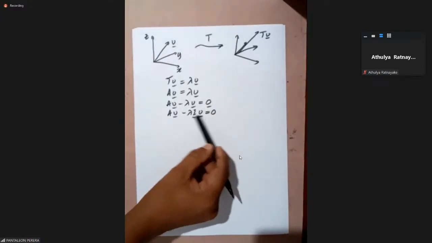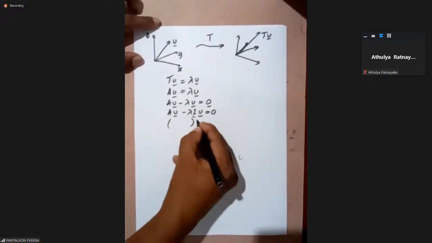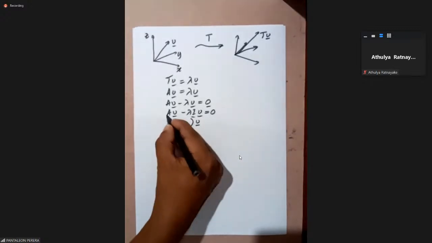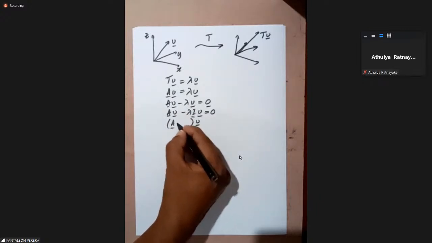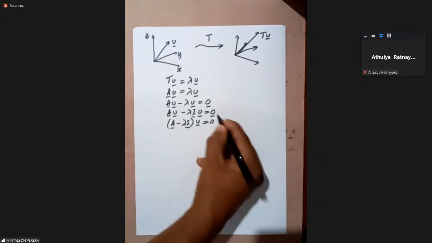Then you can pull out V, because otherwise you cannot pull out V. If you pull out V, you get A minus lambda I. They don't mix with each other, so there's no problem like that.